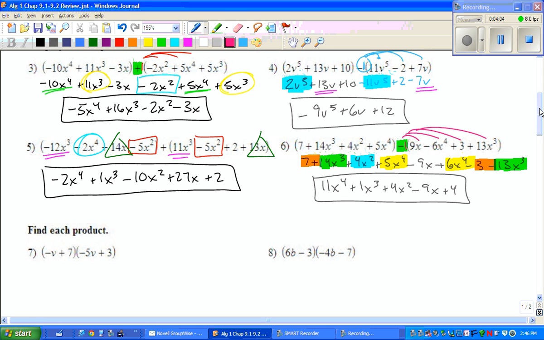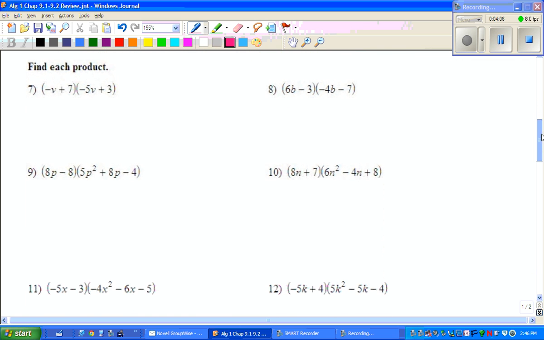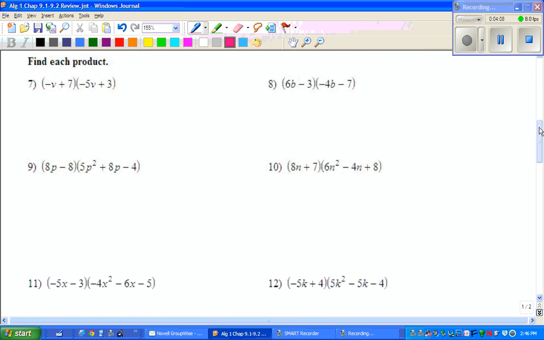Now for 7, it says to find each product. So when we're doing this, we either need to do the FOIL or the box method. Okay. So first one, I'm going to do the box, where we put the negative v plus 7, and then the negative 5v, and the positive 3.